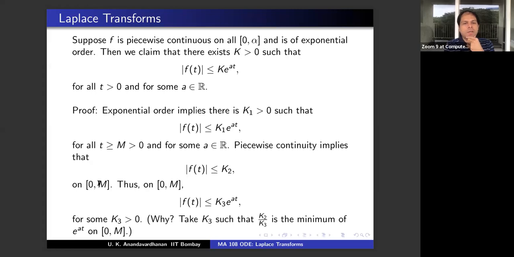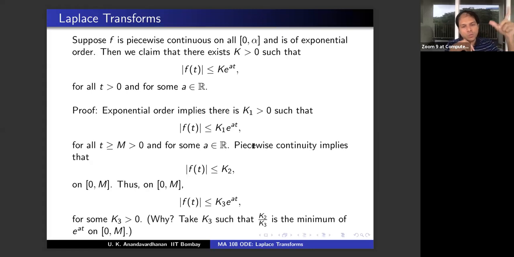Okay. So if you take 1 by x or 1 by root x, etc., it is not piecewise continuous, because piecewise continuous means the discontinuity is a jump discontinuity, and jump discontinuity means a finite jump. So if you take the function f of 0 equal to 1 and otherwise 1 by x, that is not piecewise continuous in my definition. Is that okay?